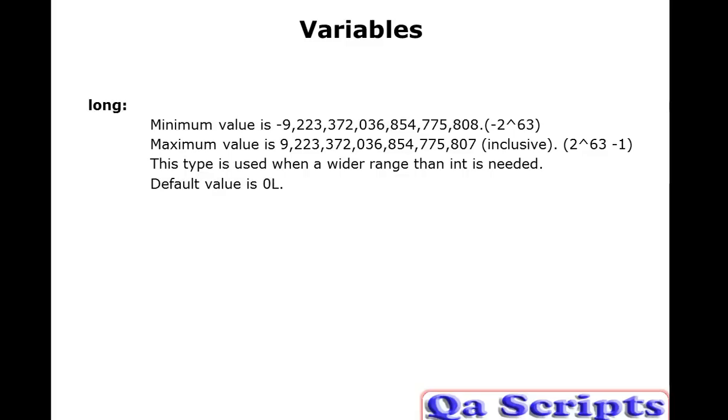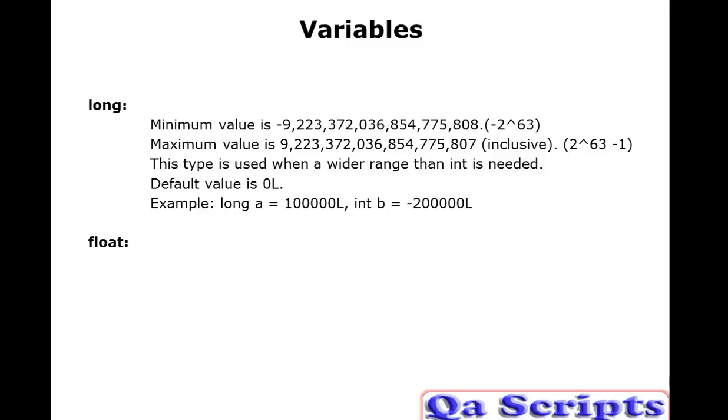Default value is 0 again, and here is an example of how to define a long variable. Very simple. We have to use the long keyword, all small, followed by a variable name equals value. At the end you have to place the letter L so that it will become a long variable.